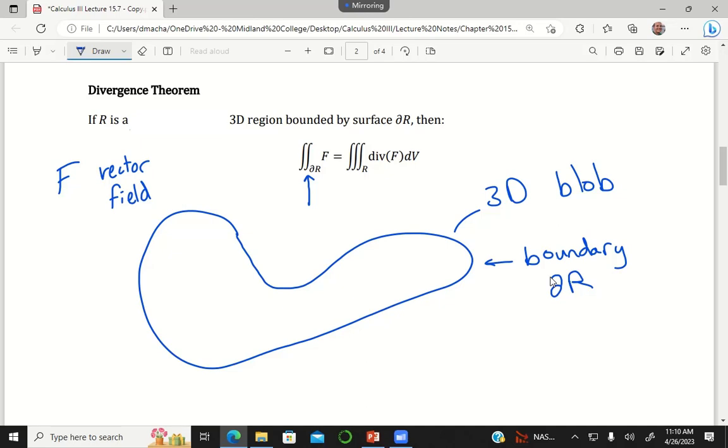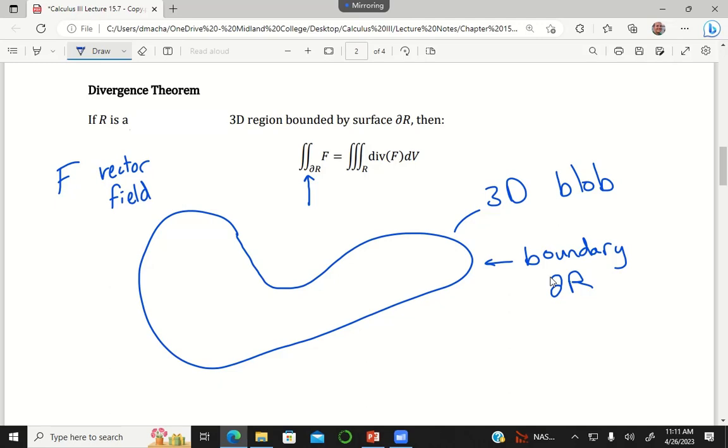And what the divergence theorem is saying is that the surface integral is equal to how much each point inside the region is behaving like a source or a sink, all added up and averaged in the way that a triple integral adds things up. So I know it's really difficult to imagine, and it's equally difficult to animate that sort of thing in 3 dimensions. But that's what it's saying.